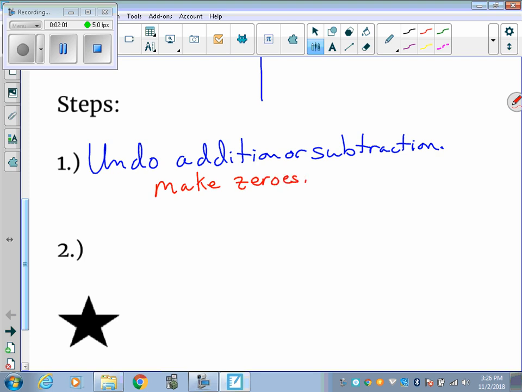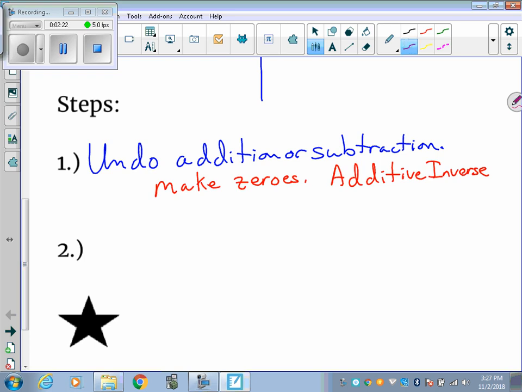And what I mean by that is we're using the additive inverse or the opposites. Because as we said multiple times in this class, 0 is our identity element for addition. So adding 0 does not change anything. So we're making zeros technically.